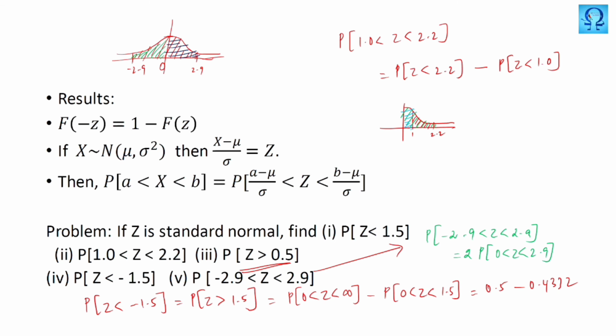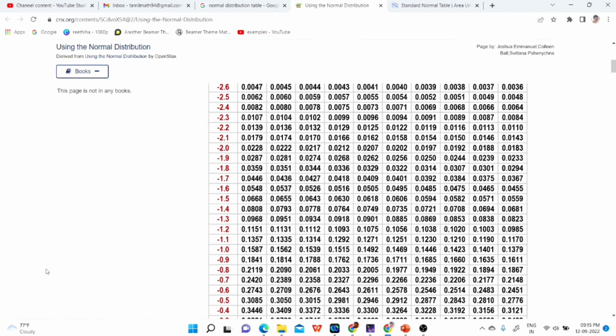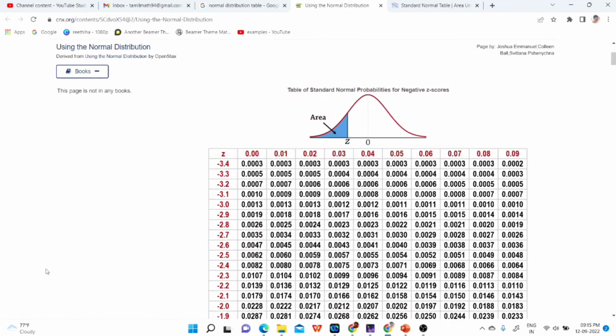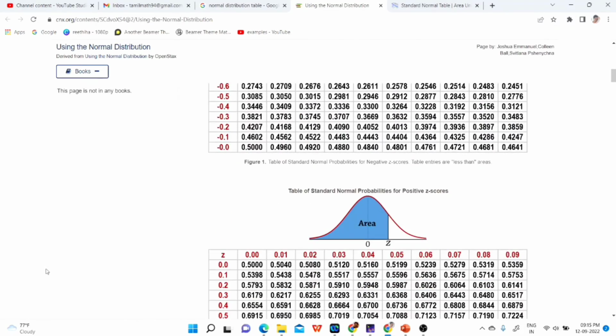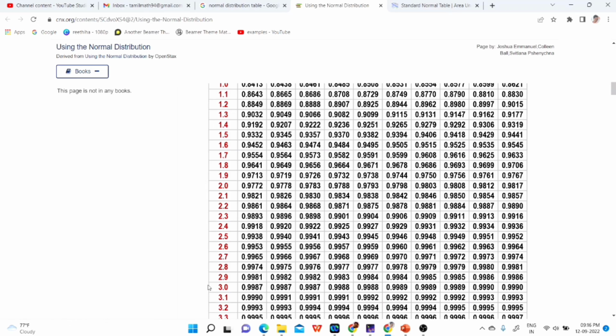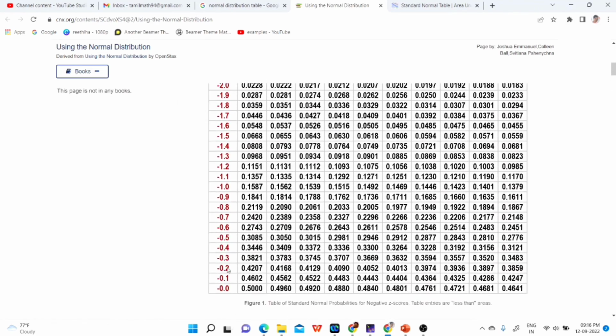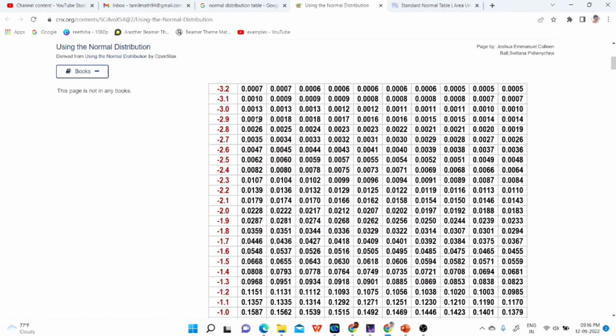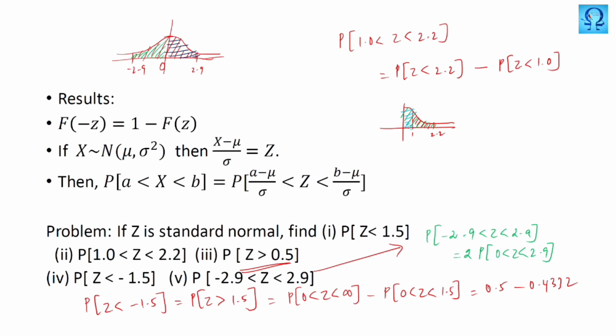You just find it and multiply it by 2. Supposing you have only a two-sided table like this one, then you will have to find the probability for 2.9 and subtract the one for minus 2.9. That is how you will end up with the actual probability.